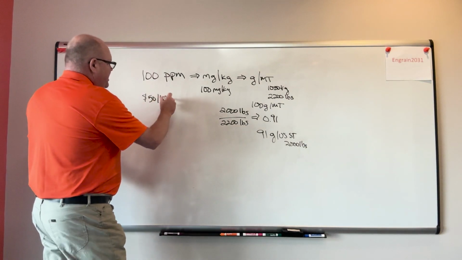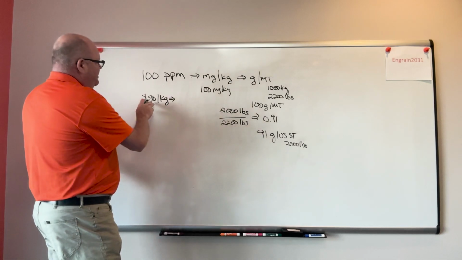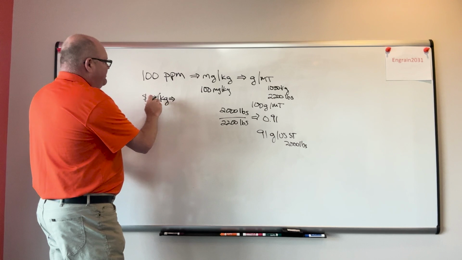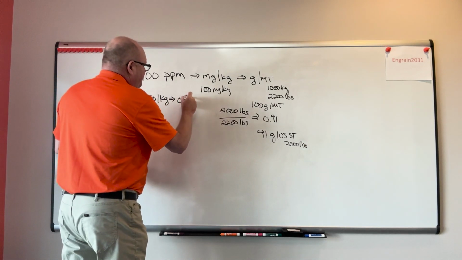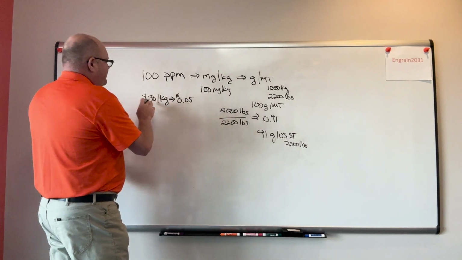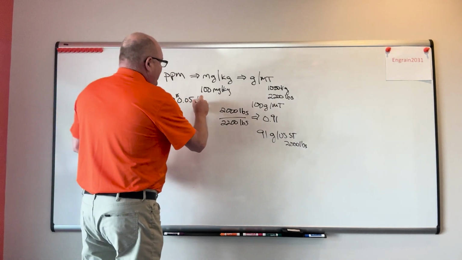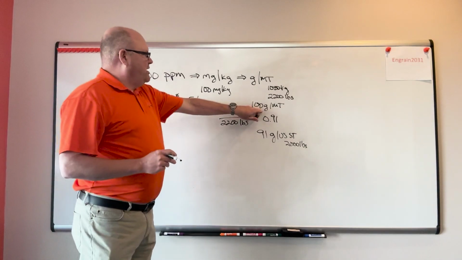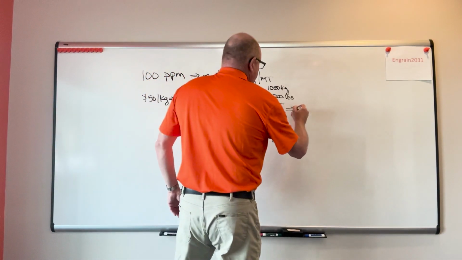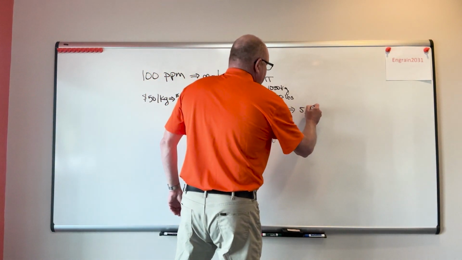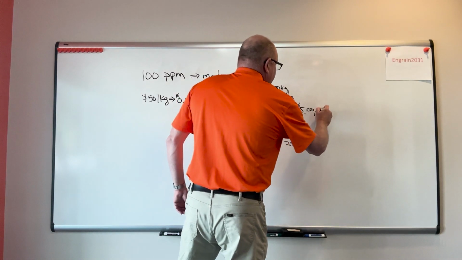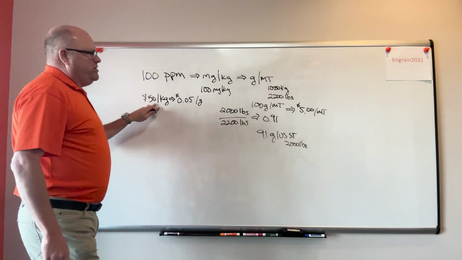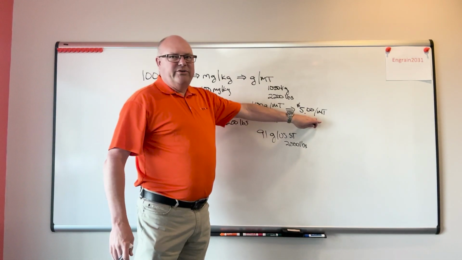We can say per gram, a kilogram is 1,000 grams, so 50 divided by 1,000 is 0.05. So this is the same as 5 cents per gram. So we can apply 5 cents times 100, and that is $5 per metric ton. So we have 100 parts per million at $50 a kg. That's $5 per metric ton.